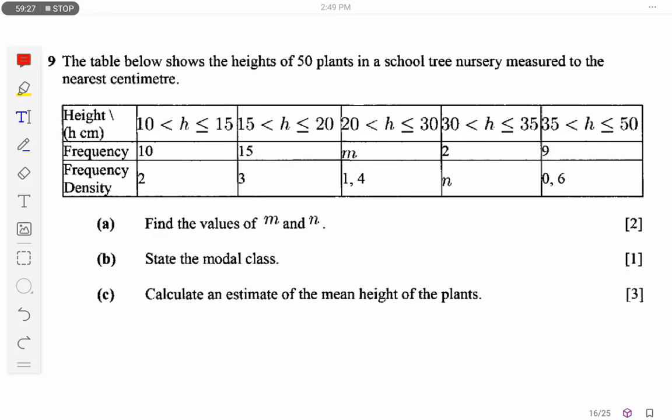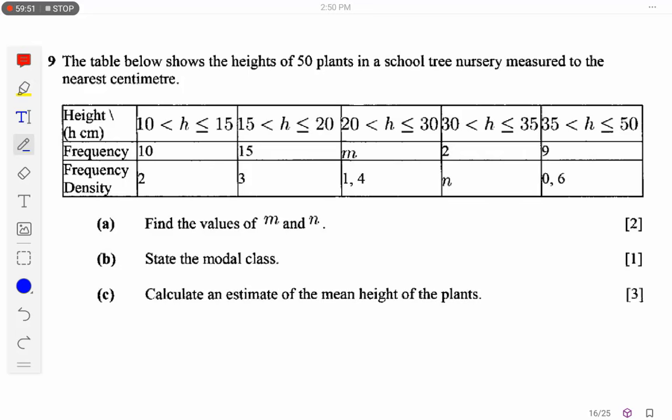For this one, we want to find the values of m and n. We are given 50 students, which is a very important number. Usually for us to calculate frequency density, we say frequency density is frequency divided by class width.